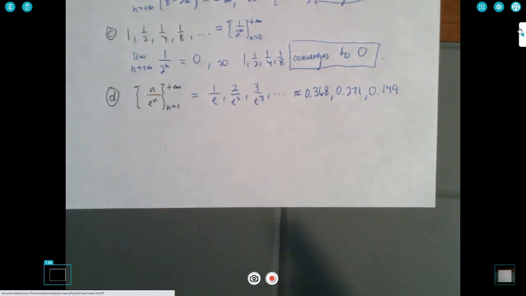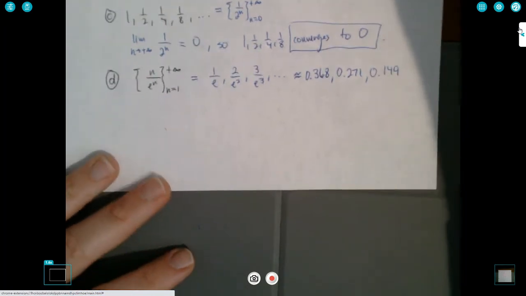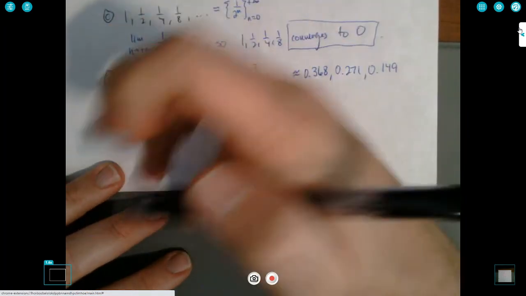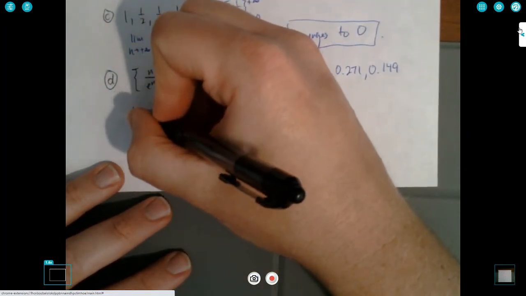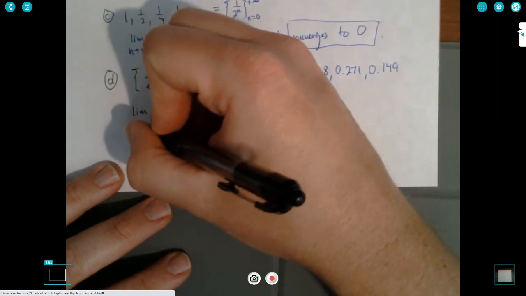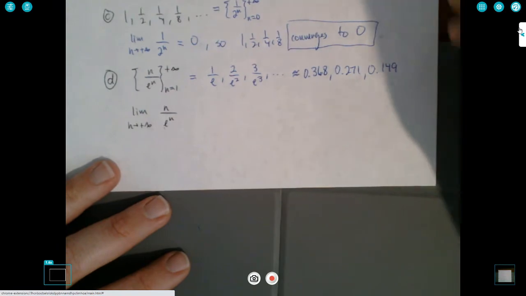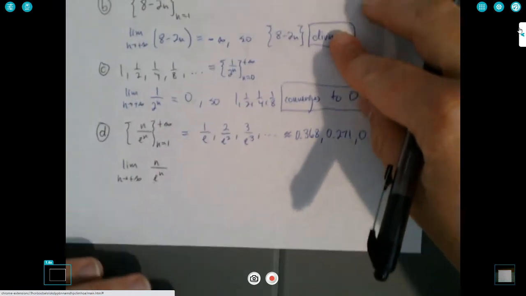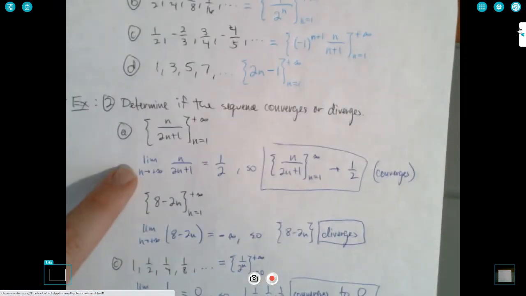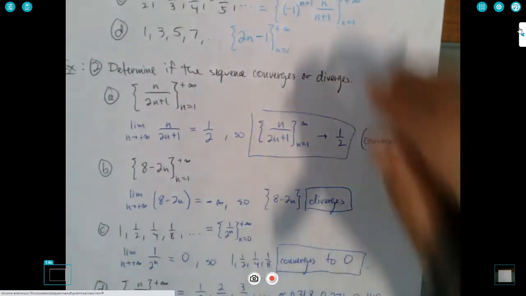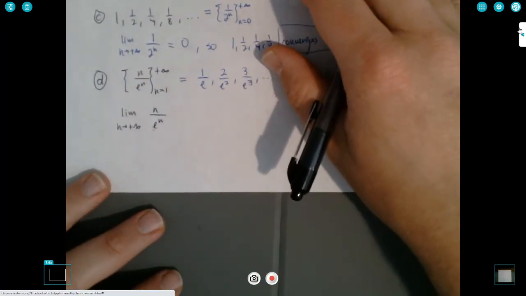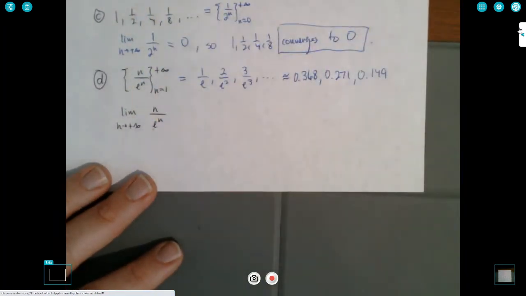I guess that doesn't necessarily mean that they go to 0. To see if they actually go to 0, we can take the limit. What's the limit as n goes to positive infinity of n over e to the n? This is definitely a L'Hopital thing. You can't even do what we did in part A and just say ratio of the leading coefficients; I think you're forced to use L'Hopital here.